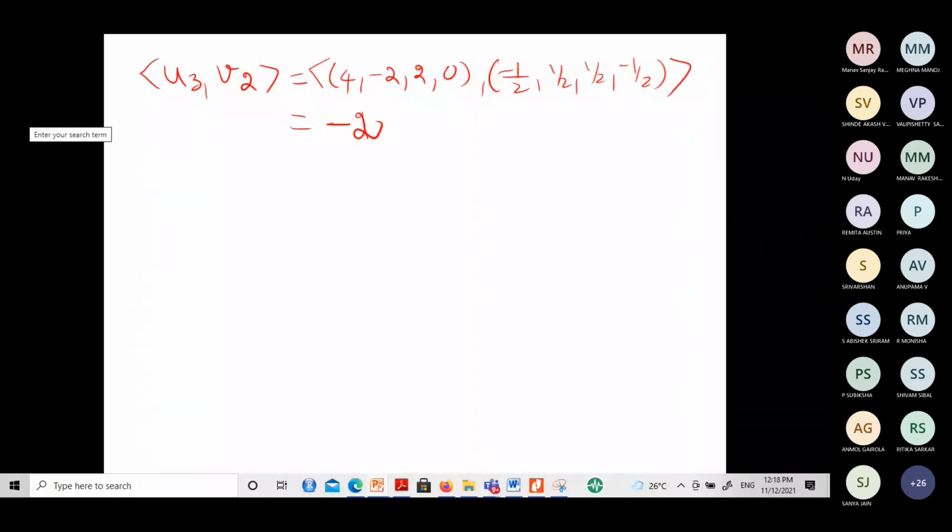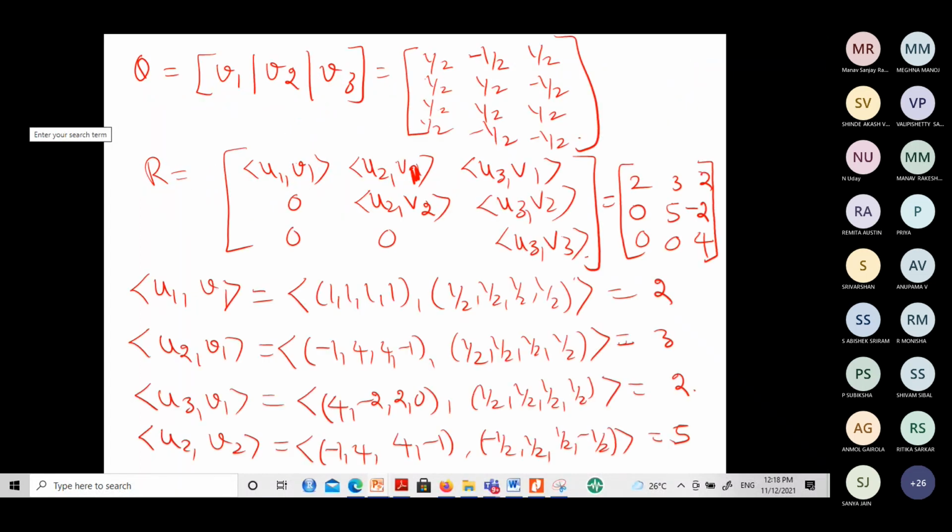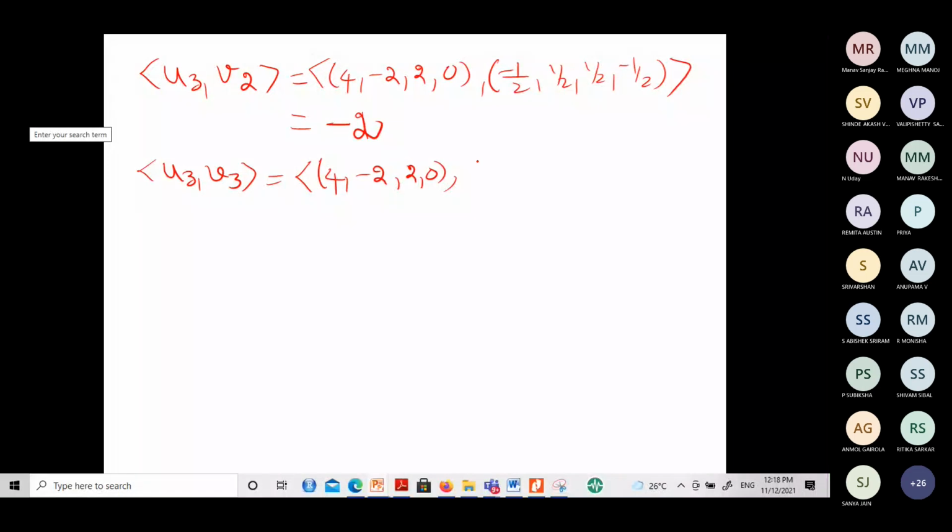Only one thing we are left out, U3 with V3. So what is U3? U3 is 4 minus 2, 2, 0. Okay, V3 is 1 by 2, minus 1 by 2, 1 by 2, minus 1 by 2.